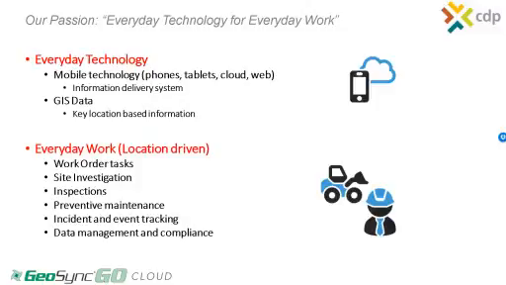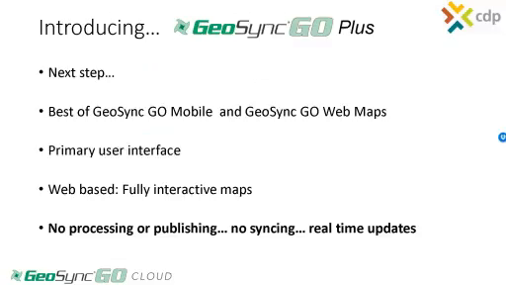So our passion really is to take everyday technology and make it available for you in your everyday work. Understanding that may make GeoSync Go Plus a little easier to understand because it's organized in that way to really solve that problem and fit into the passion that we have, and our development continues along those lines.